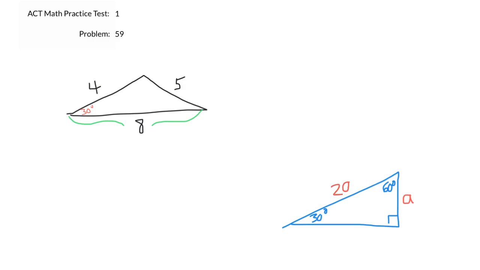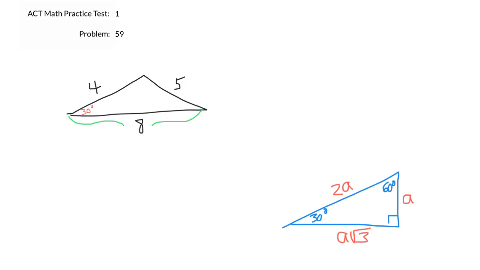We'll call that 2A. And this sort of longer leg will always, always, always be A radical 3.